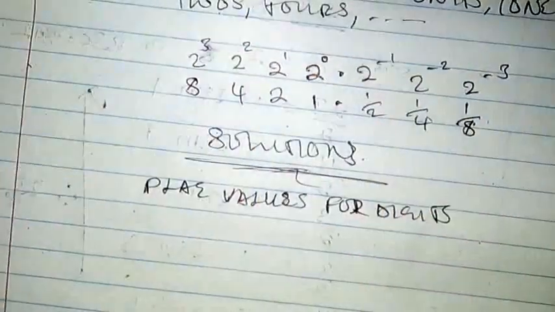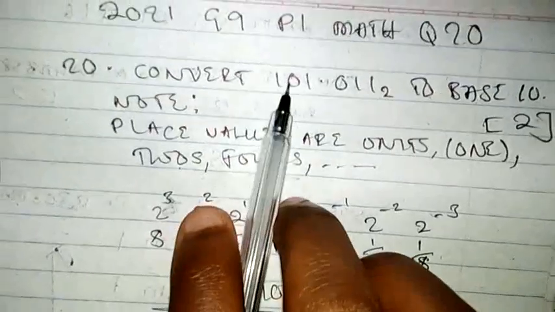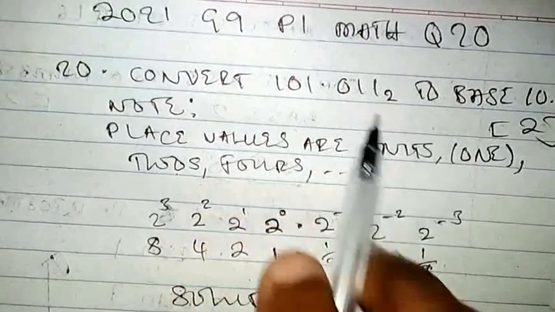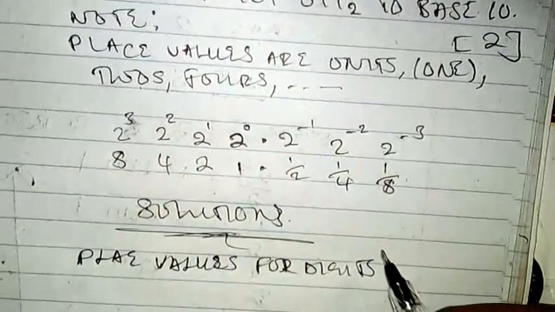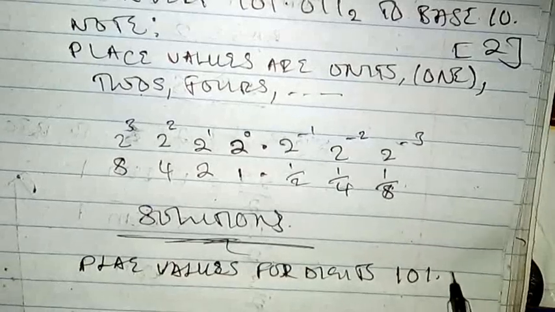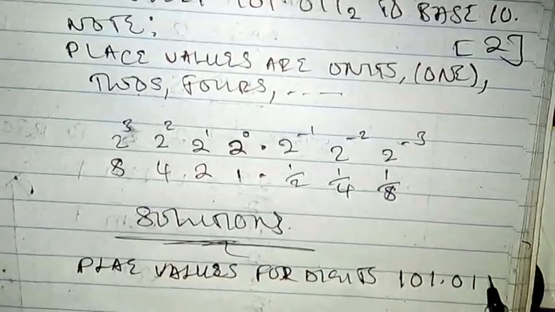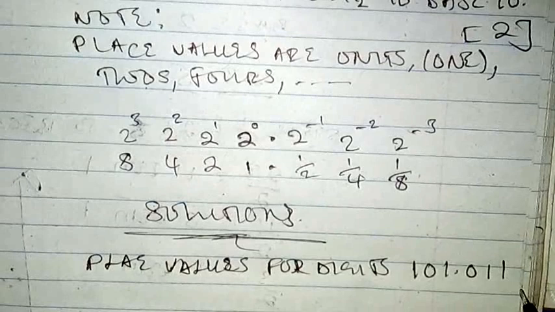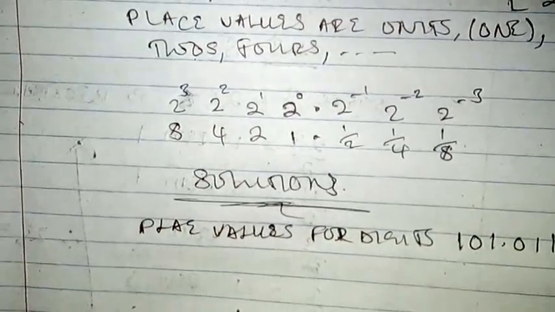What is the question saying? It's saying 101.011. So let us write this number and the place values for this number, 101.011. Let us write the number like so.